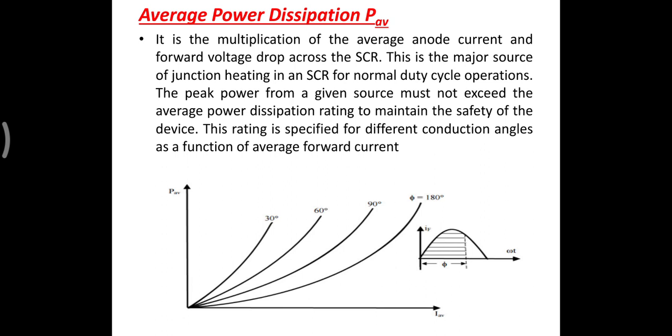This is the major source of junction heat in the SCR for normal duty cycle operation. The peak power from a given source must not exceed the average power dissipating rate, to maintain safety of the device. The rating is generally specified for different conduction angles, as shown in the figure.